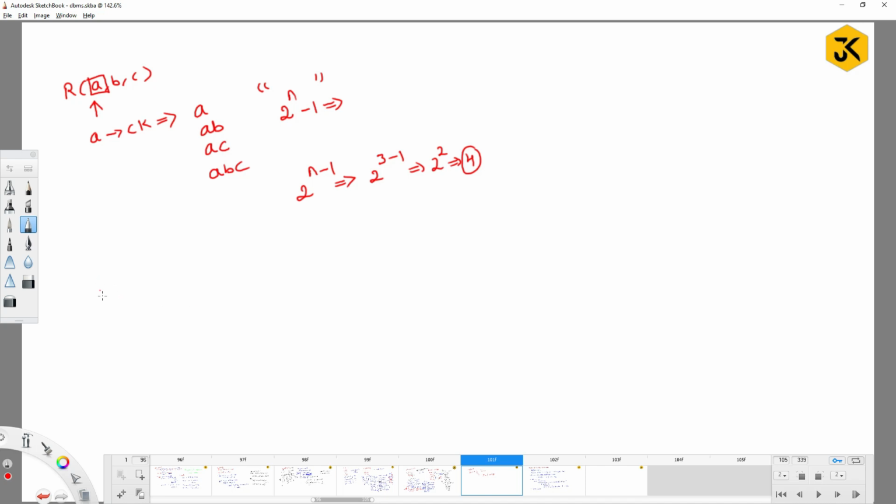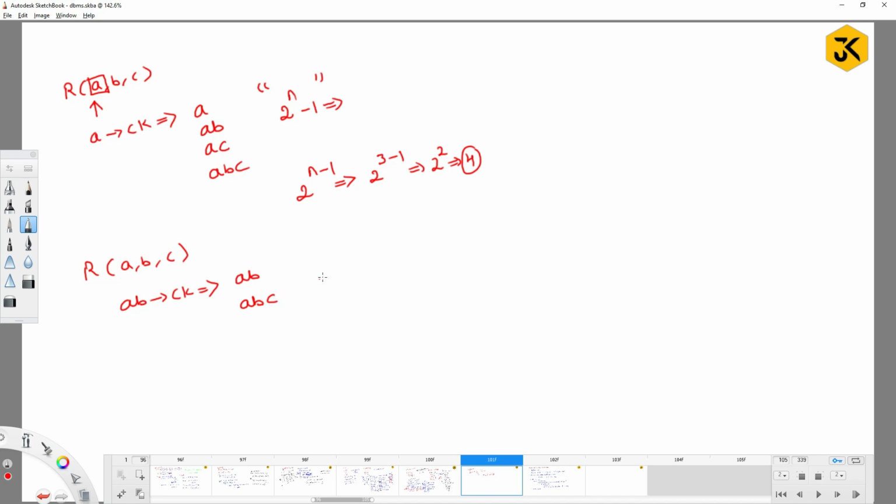For example, if I have a relation R of A, B, C, and I say that AB is a candidate key, how many super keys are possible now? Only 2 super keys are possible. One is AB, another one is ABC.